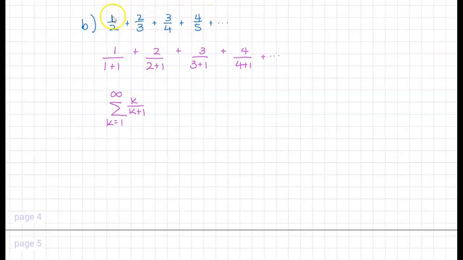Well, that's easy. The numerator is just the term number, and then the denominator is just the numerator plus 1, so just add 1 to the numerator. But you can also write it like this if it helps you see it. Again, k is starting at 1, and in this case, since it's got the dot, dot, dot, that just means you never stop. And so k is going to infinity. All right, there is our answer there.